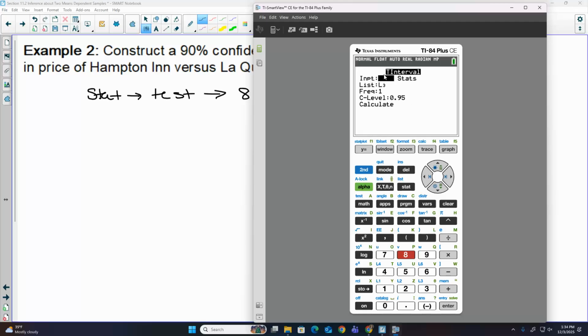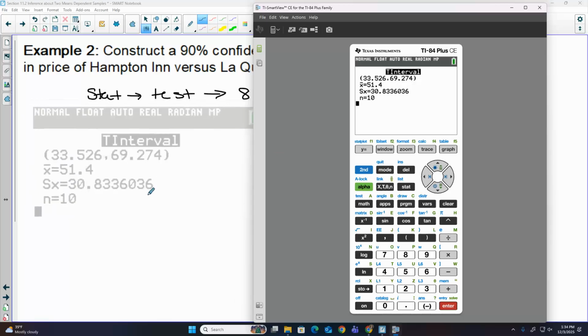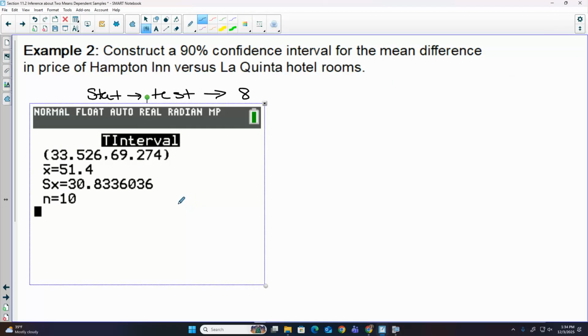Again, it's based off data. Your list should be L3. My confidence level should be 90%. So what this means is we are 90% confident the price difference is between $33 and $69.